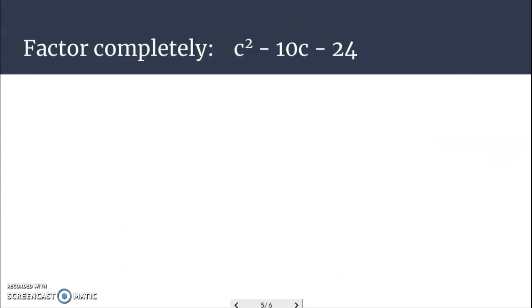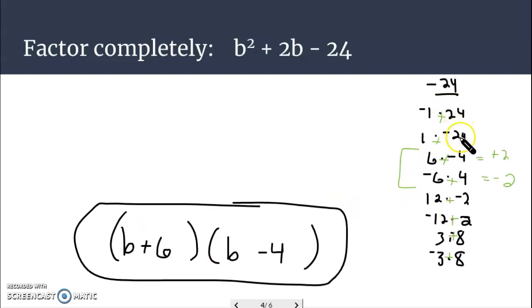Another example, this time with variable c. C squared minus 10c minus 24. The question is, what factors of negative 24 add up to negative 10? We did this on the previous slide, so we're going to go back and borrow that list of answers. Set up our answer here, C and C. We're looking for ones that would add up to negative 10.